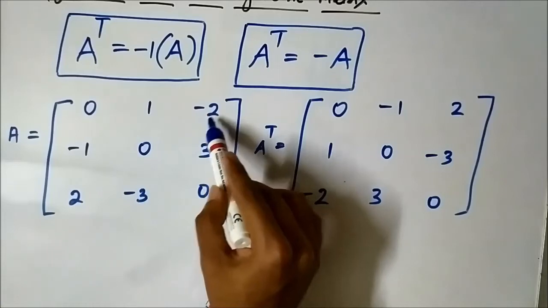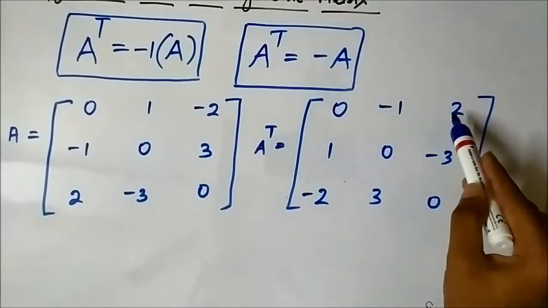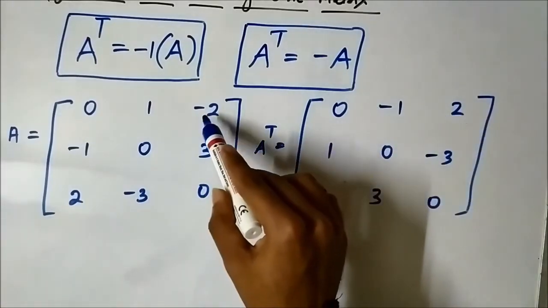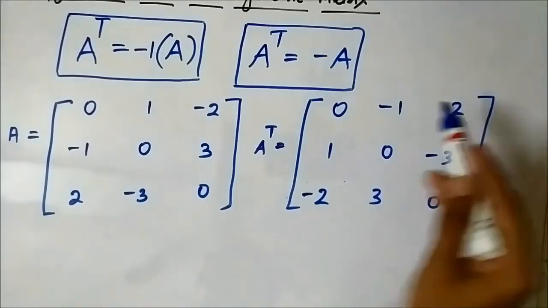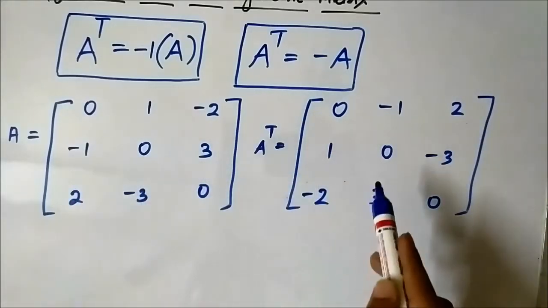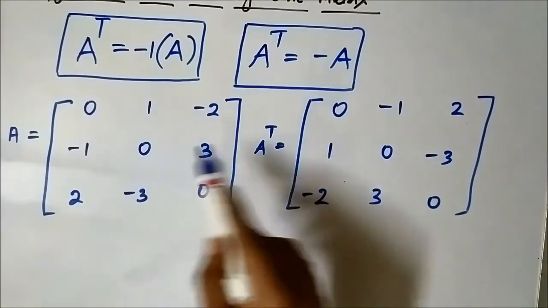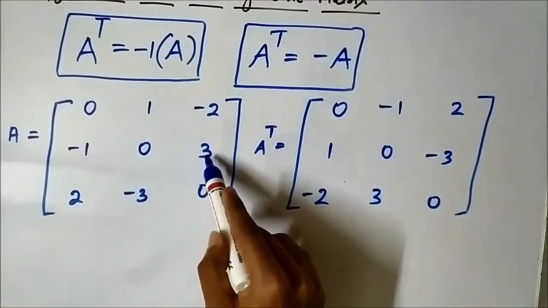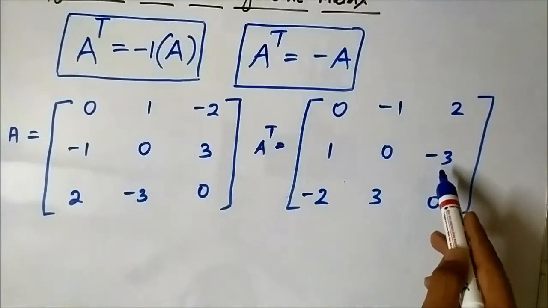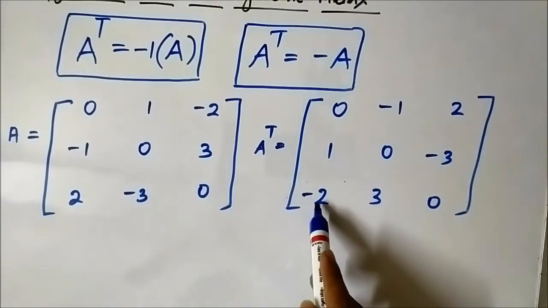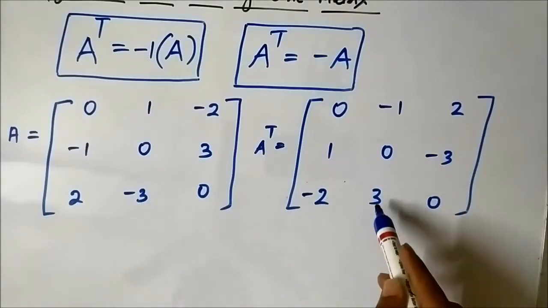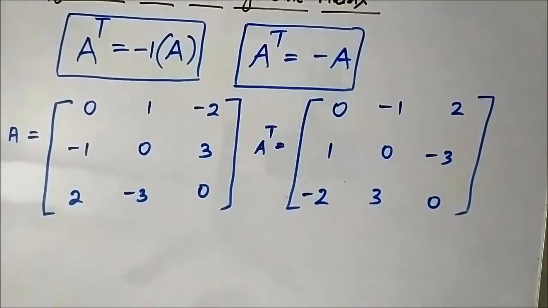Here it is minus 2, here it is plus 2, since minus 1 multiplied with minus 2 gives plus 2. Here it is minus 1, here it is plus 1. 0 stays 0. 3 becomes minus 3. 2 becomes minus 2. Minus 3 becomes 3. 0 stays 0.